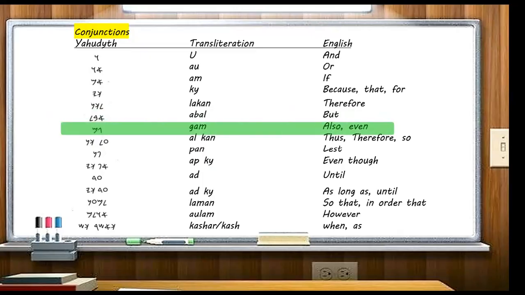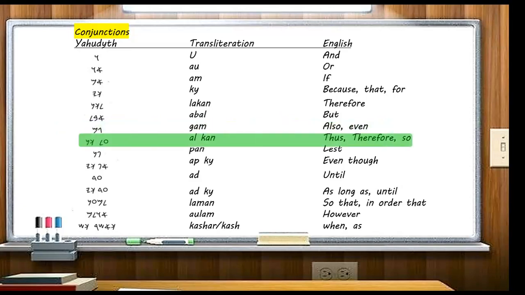Also or even we have gam, gamal mam, gam, thus or therefore or so. We have al kan, ayin lamad, al, and kan, which of course is the kaf and the nun. So al kan, thus or therefore or so.